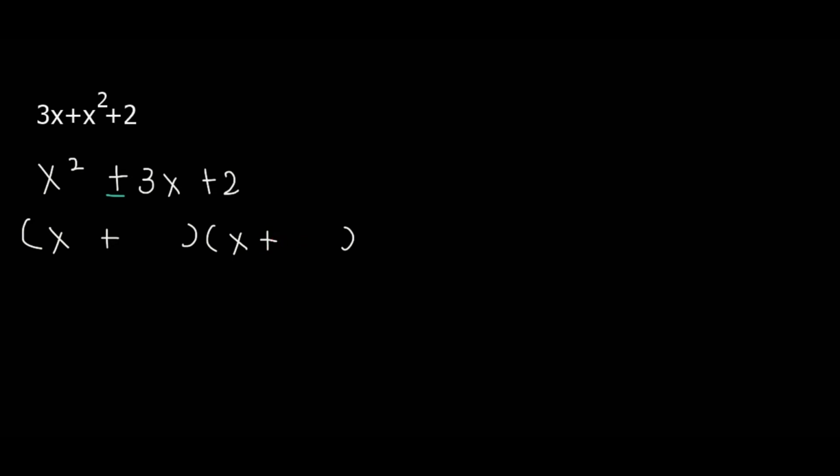And then we look for the factors of our constant. So we look for the factor pairs of 2: 2 divided by 1 gives 2, and I think the factors of 2 are 2 and 1, because 2 times 1 gives you 2, and then 2 plus 1 gives you 3, so this is our answer.